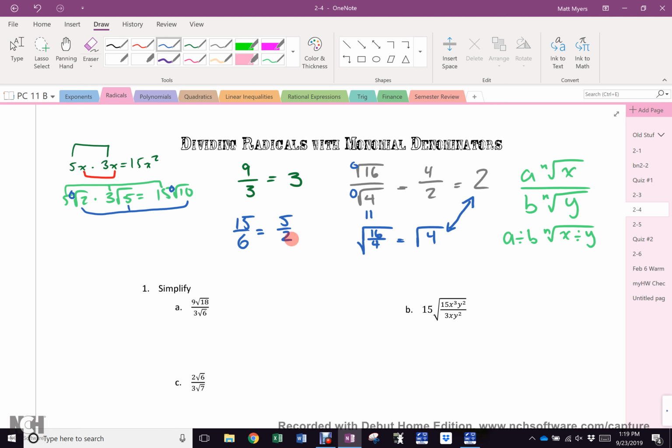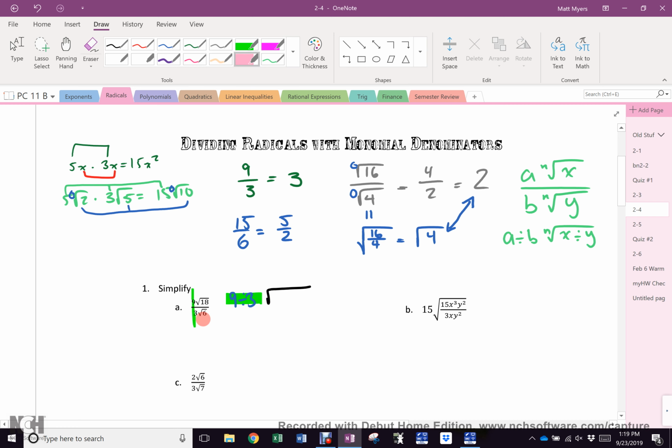Okay. So let us look at this very first one, which is as simple as it gets. What do you notice about the coefficients? They divide quite tidily. To what? 9 divided by 3, which I'm going to highlight in green to keep the colors going. Then, are they the same index? So I square root.